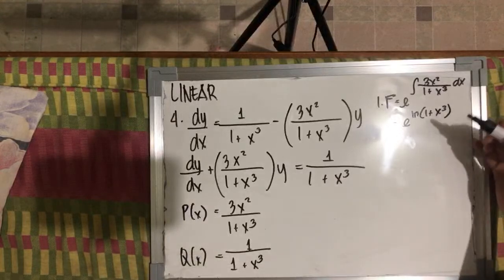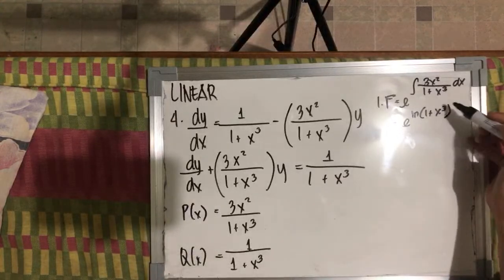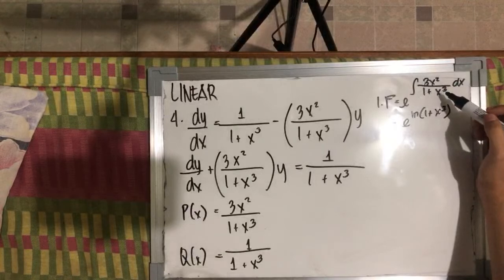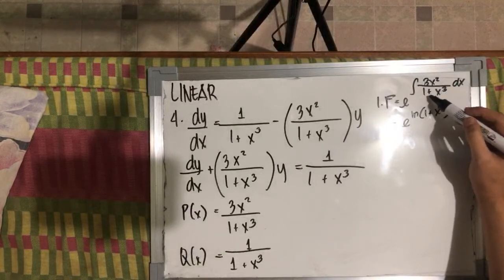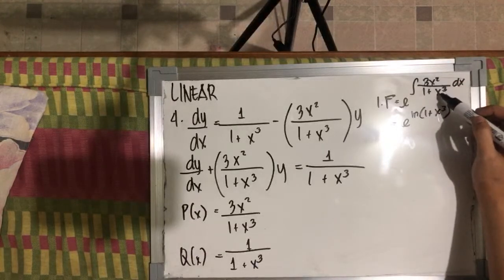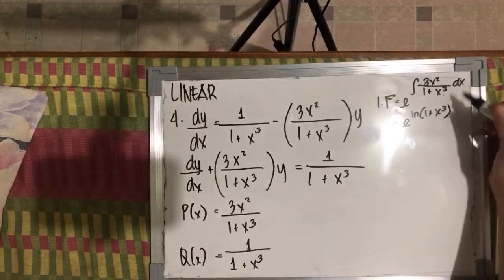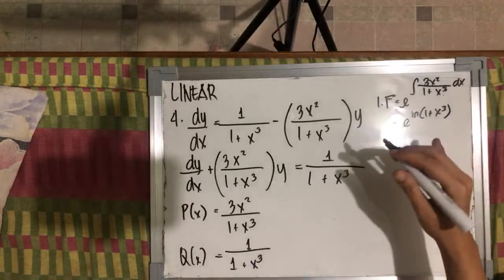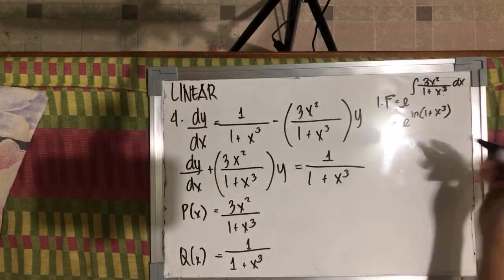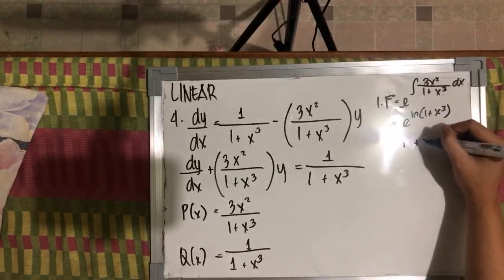So, I hope na alam nyo kung bakit ln of 1 plus x cubed siya. Kasi kapag dinifferentiate ko to, same lang siya dito sa taas. So, magiging 3x squared. So, ln lang yon. So, eto na yung integrating factor natin.